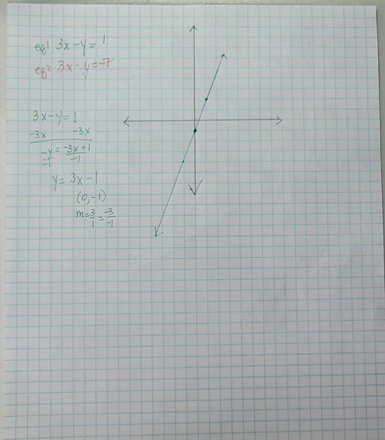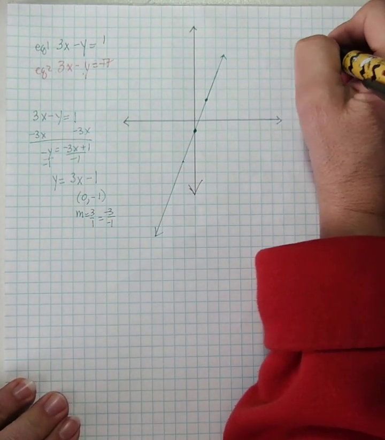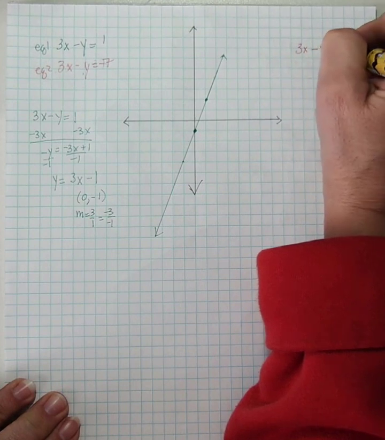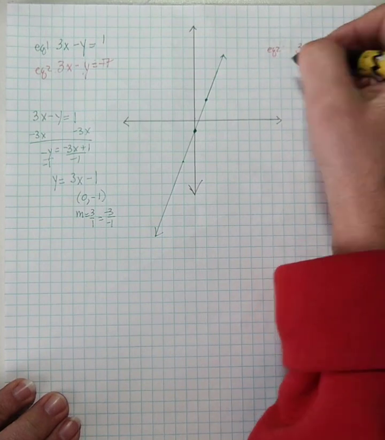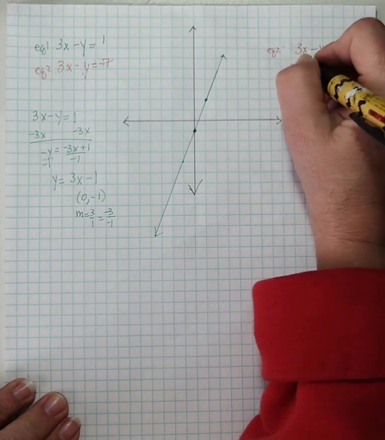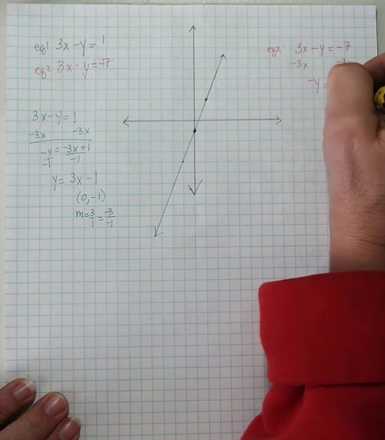Now it's time to look at my equation 2. 3x minus y equal negative 7. And I'm going to solve this one for y. So I have to subtract 3x from both sides. And I'd have negative y equal negative 3x minus 7.